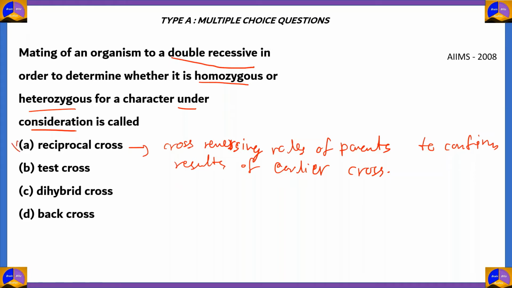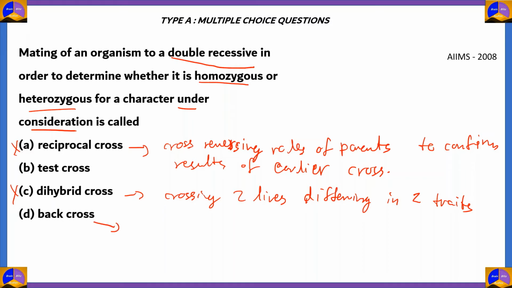So option A is incorrect. What about option C, dihybrid cross? Again, this refers to crossing two lines differing in two traits. So option C is incorrect. What about option D, back cross?